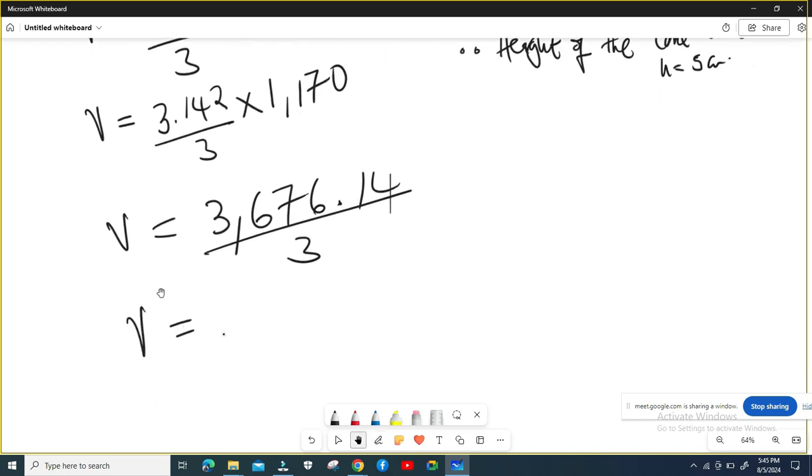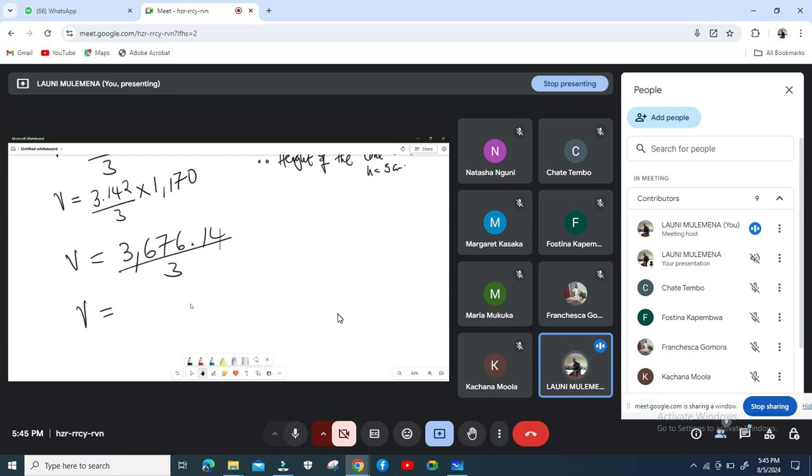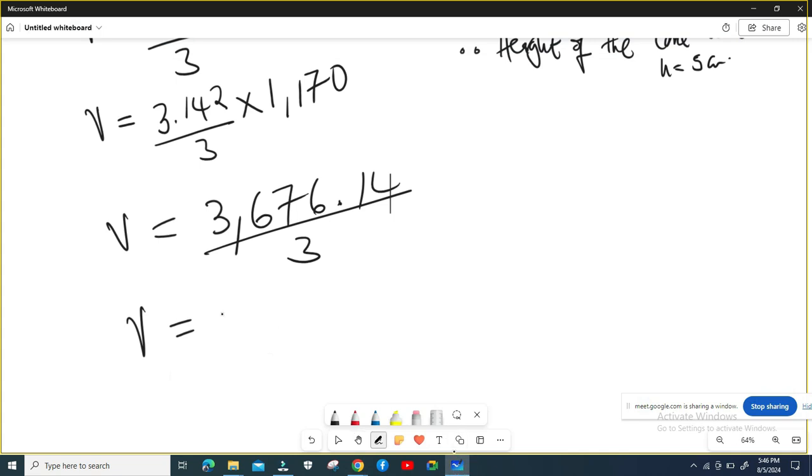Who can give us the answer if you divide by 3? 1225.38 centimeter cubed. Exactly, centimeter cube.